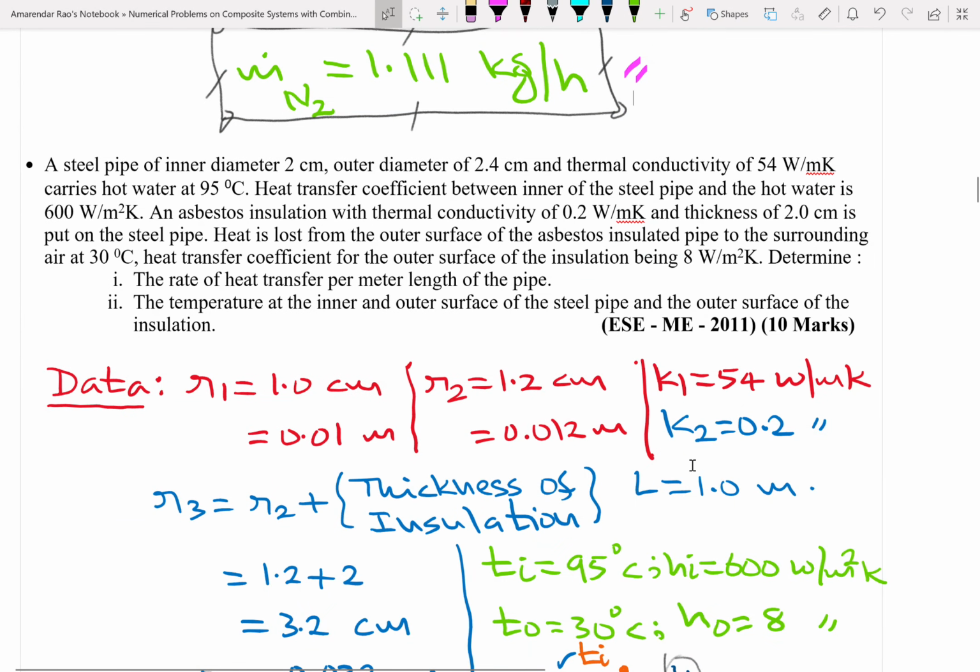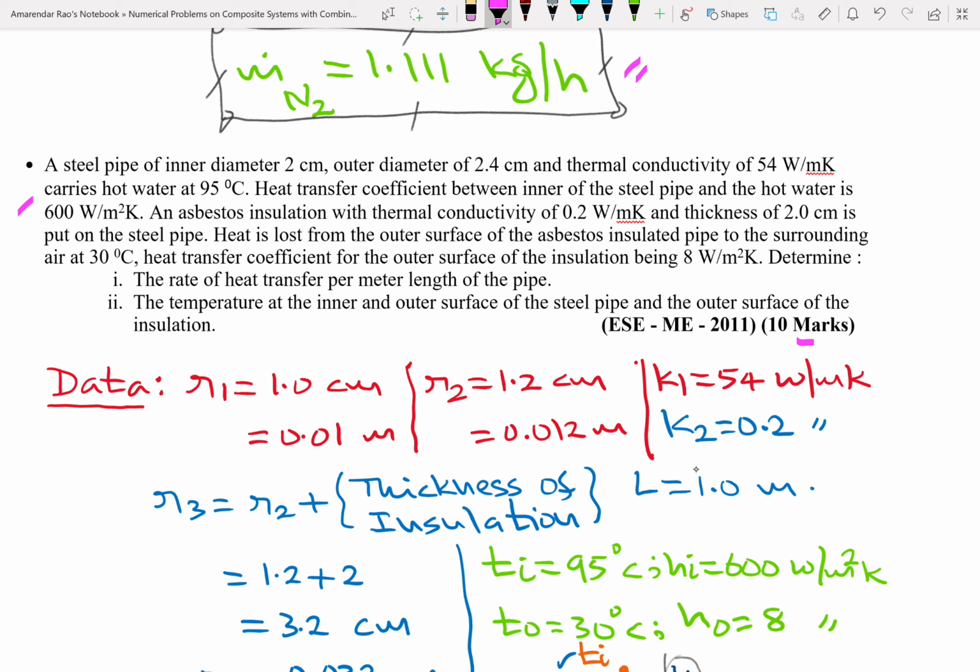Then the second problem, which appeared in ESE ME 2011, again for 10 marks. It is of cylindrical geometry. A steel pipe of inner diameter 2 cm, outer diameter 2.4 cm, and thermal conductivity 54 watts per meter Kelvin carries hot water at 95. Then the heat transfer coefficient between the inner surface of the steel pipe and hot water is 600.